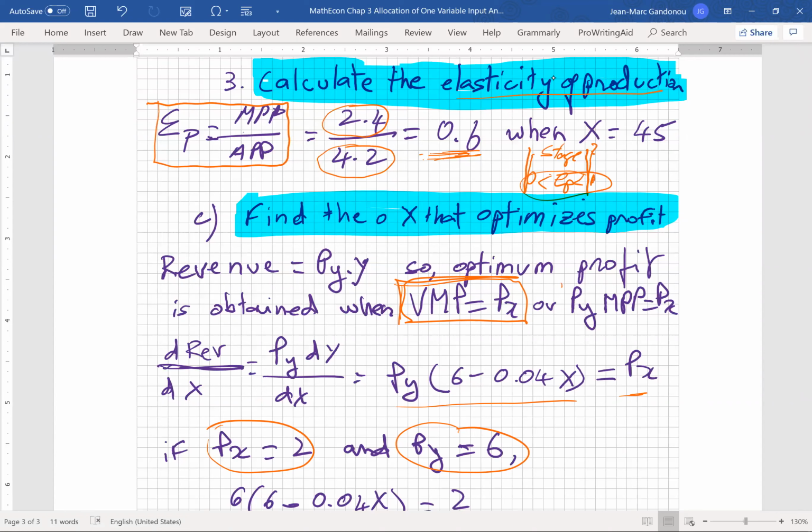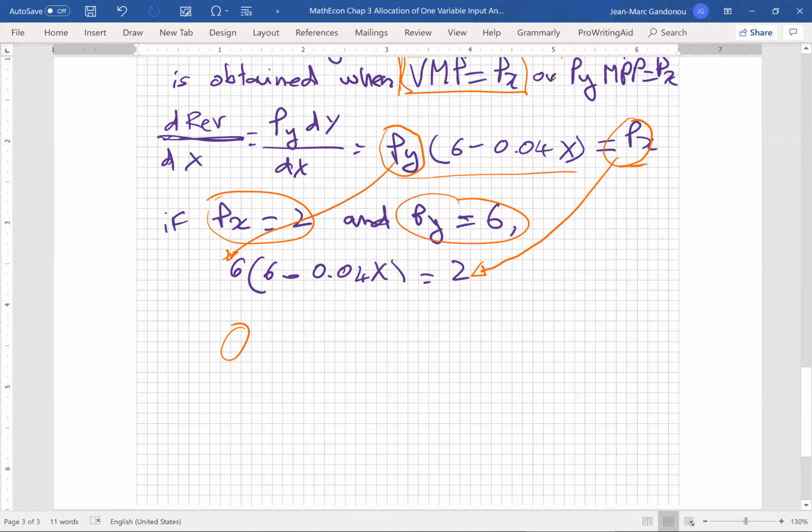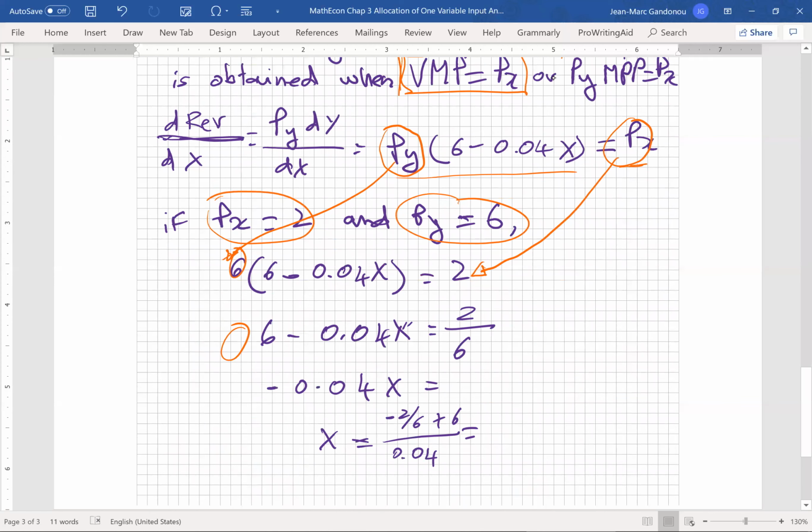What we do is substitute the py value and the px value here. So py is here, px is there, and we just solve for x to get the optimum here.